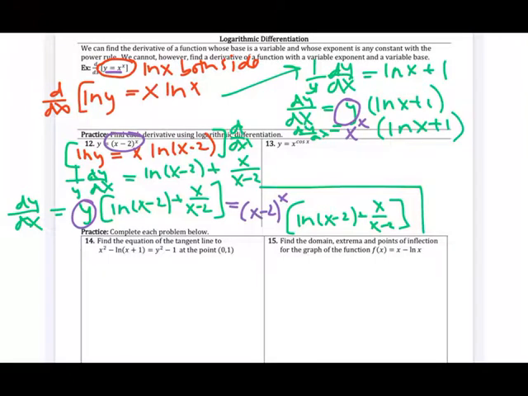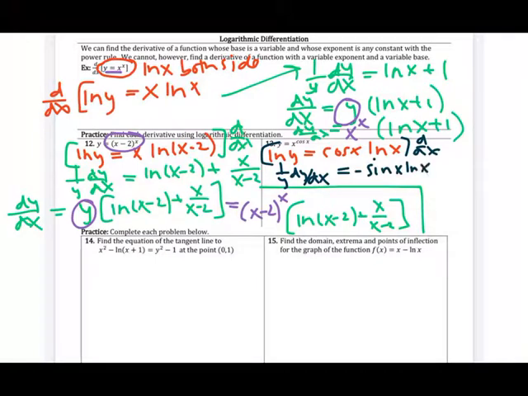Similarly, on number 13, we're going to natural log both sides. That's going to give us this. We're going to take the derivative with respect to x of both sides. So 1 over y dy dx equals, and we're going to do the product rule again, the derivative of cosine is negative sine of x times natural log of x plus cosine of x over x.